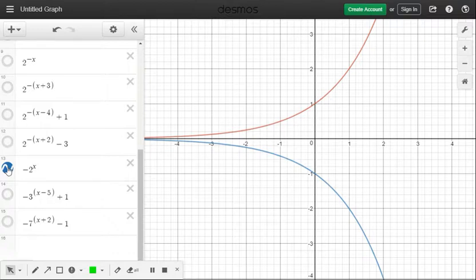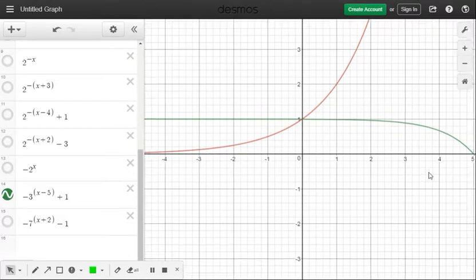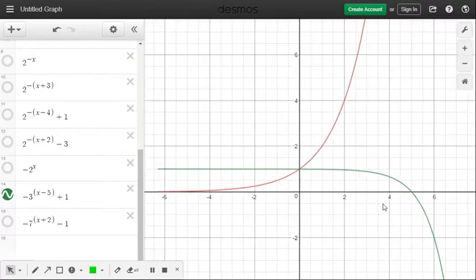So let's compare with examples. Now this one has a negative on the base, meaning negative outside a function, but it also has a minus 5 on the x, and then a plus 1. So if we were to compare with the graph, here there were no transformation. The red graph, 2 to the power of x, there were no transformation.